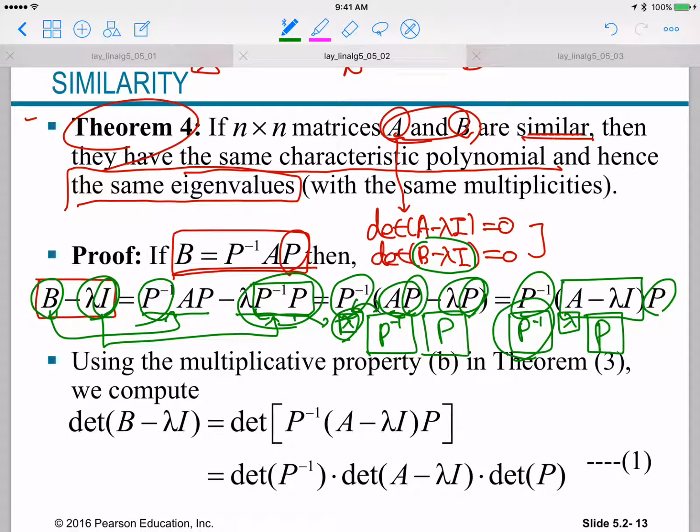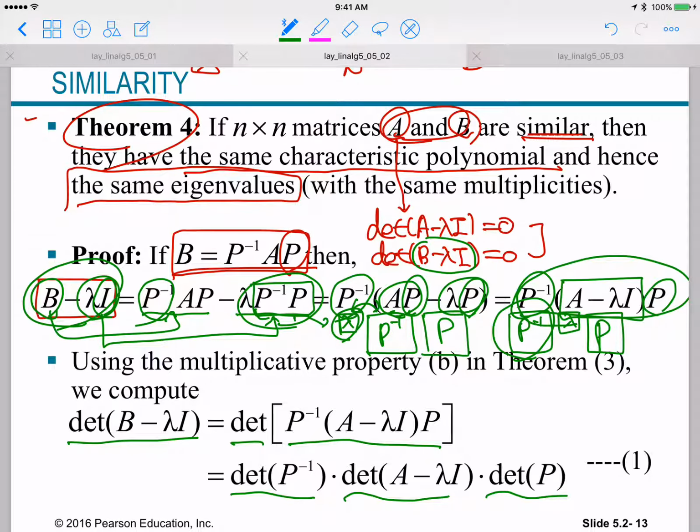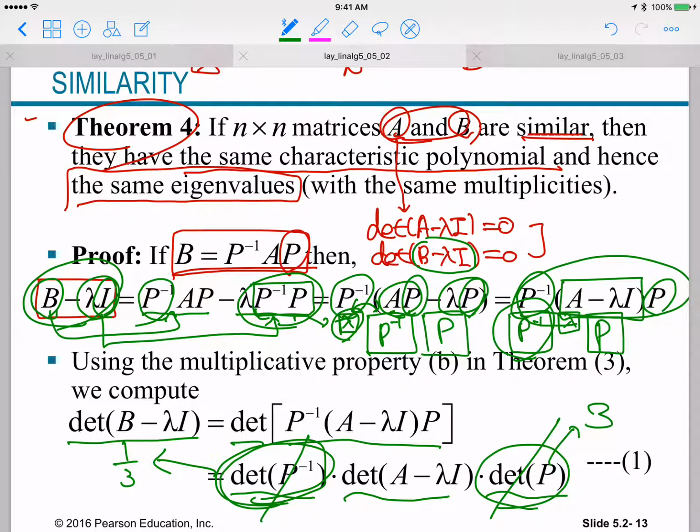Then let's think about the determinant of this whole part. It will be the same as the determinant of this part, and the determinant will be decomposed into the product of each matrix, and this part will cancel out. Because if the determinant of P was 3, then the determinant of the inverse matrix will be 1 over 3, right?